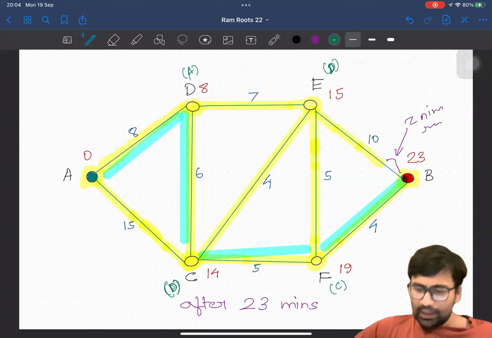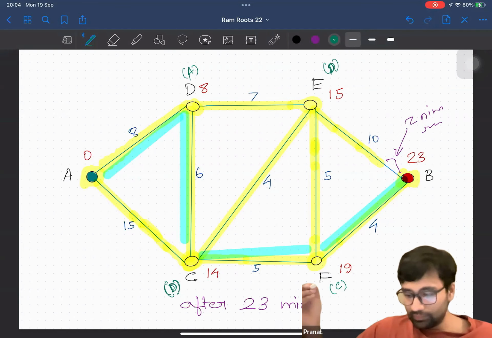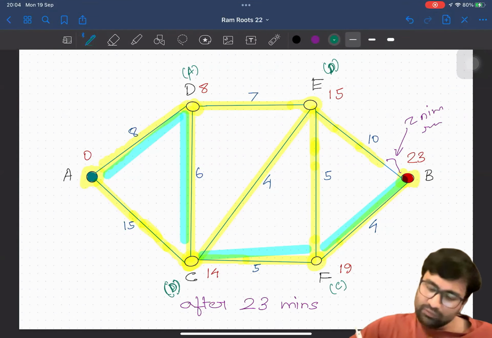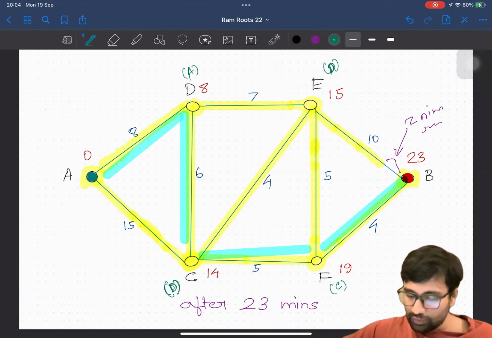And then some more minutes pass, another 4 minutes perhaps. In another 4 minutes, the fire reaches from C to F, right? At 19 minutes. And F now remembers that the fire came to F from C, right? So this is what it remembers here.